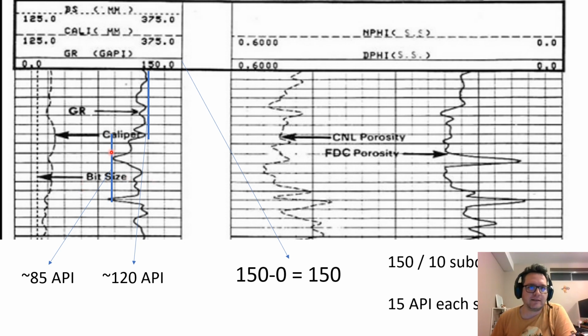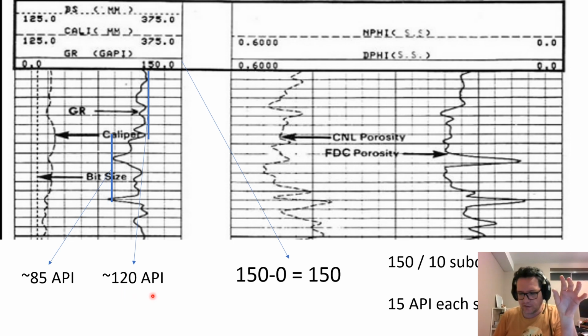In this case, this reading would be our clean sand. The lower the gamma ray, the cleaner the reservoir is. So for the clean sand in this case, we would have 85 API, and for the shale response, which is the highest peak in gamma ray, we have 120 API.